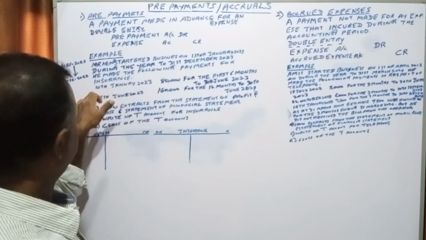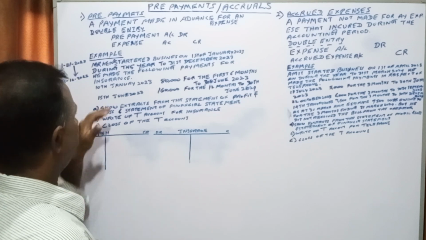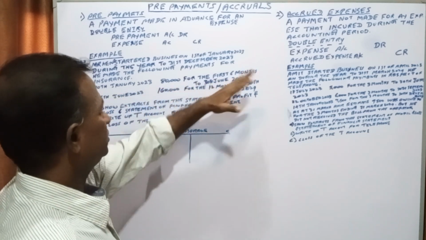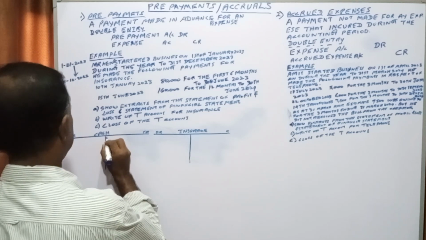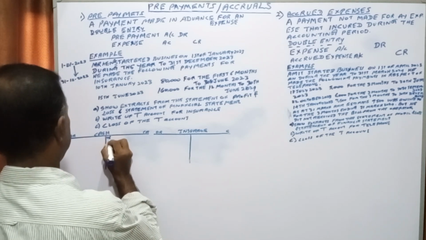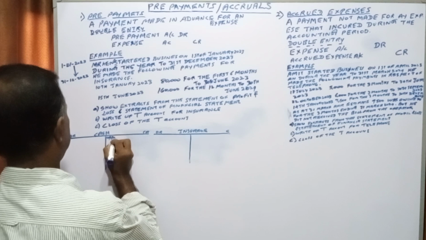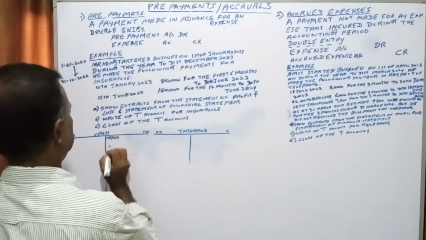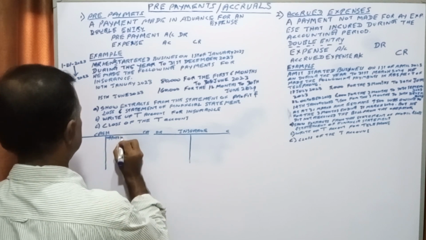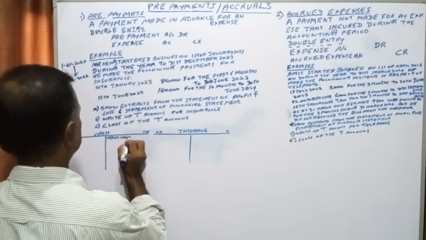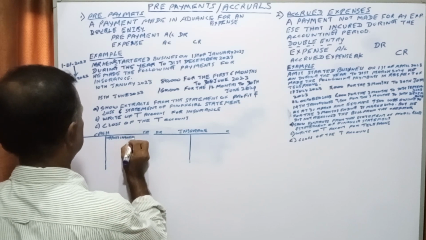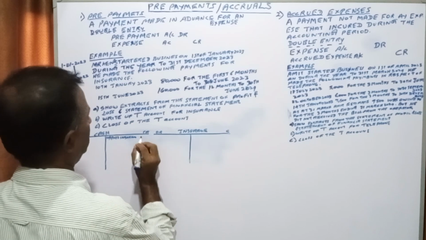Now we say on 10th of January 2023 he is paying insurance. How much? 80,000.